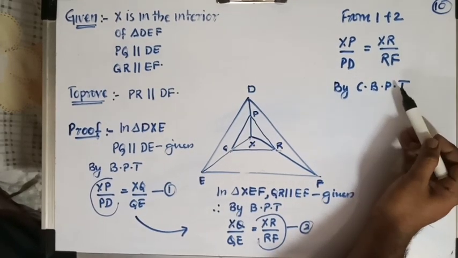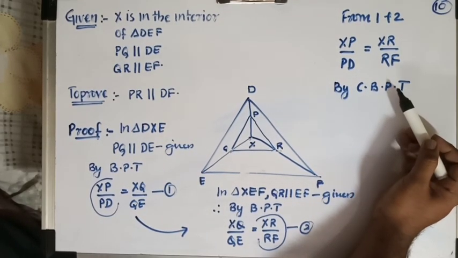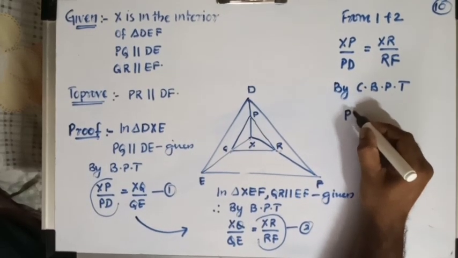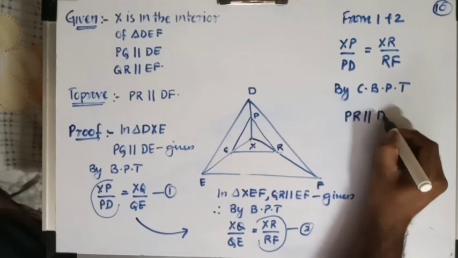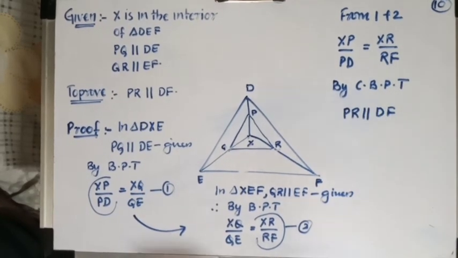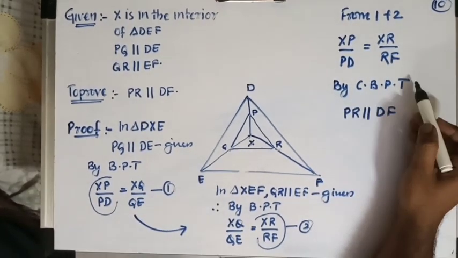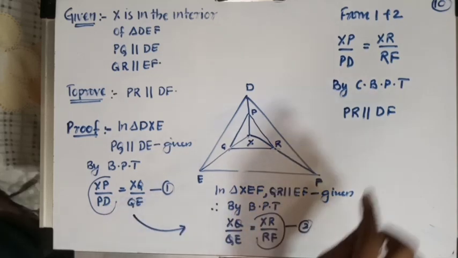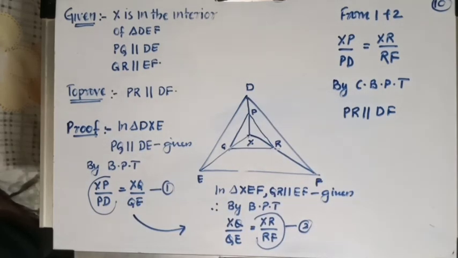So converse of basic proportionality theorem says that if a line divides the two sides in proportion, then it is parallel to the third side. So PR will be parallel to DF. This is proved by converse of basic proportionality theorem. So make a note of it, children, in your textbook. It's an activity based question, so fill in the correct boxes.